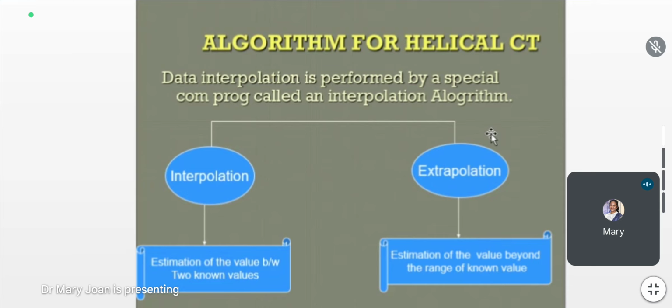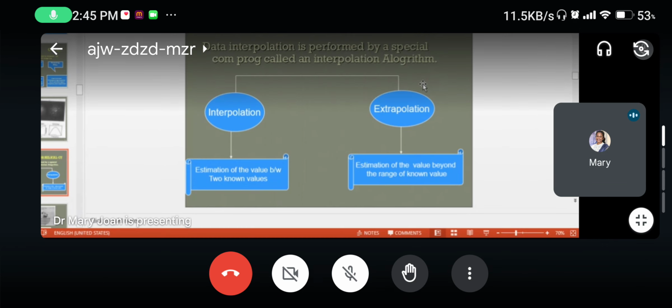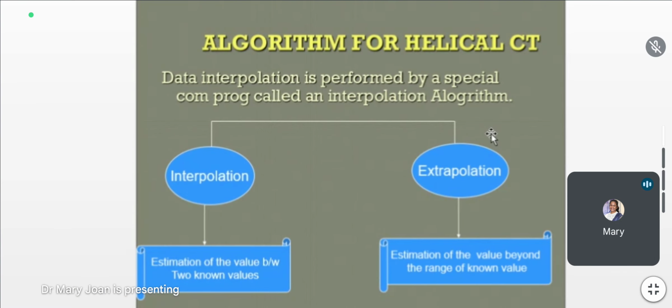Connecting from 10 to 15 is interpolation. When we do not have data below or beyond some value, extending the information we have to predict the information beyond or below is called extrapolation.